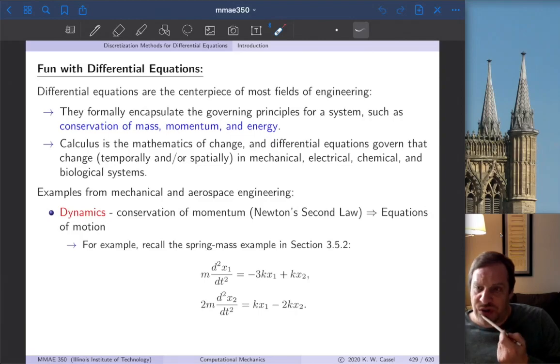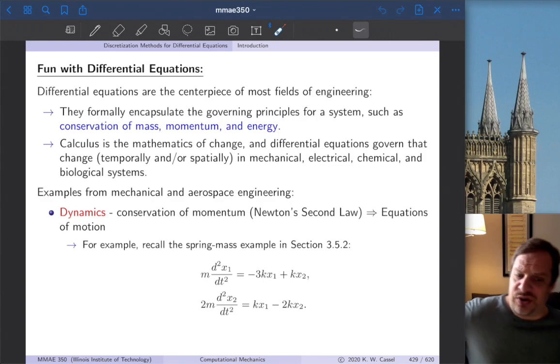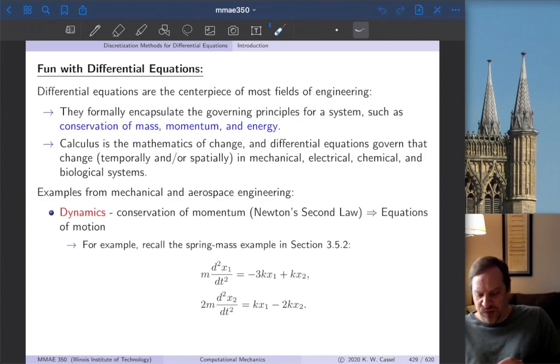So I want to start by introducing differential equations. You've seen differential equations in various settings and various classes. You had a class on differential equations, Math 252. And so I just want to introduce differential equations and remind you how important they are. Hopefully you already realize this, and it is fun.